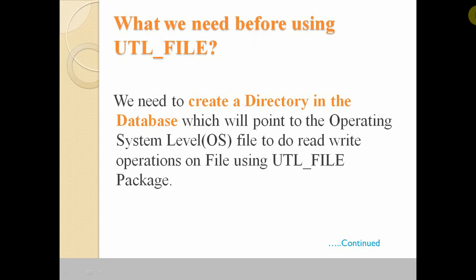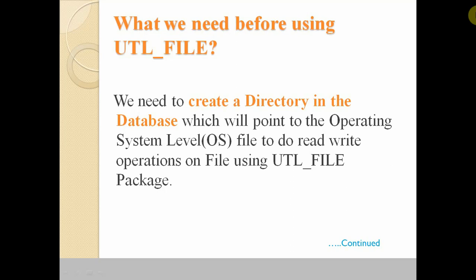Next, what do we need before using UTL_FILE? We have to do some predefined settings before file operations using UTL_FILE. We need to create a directory in the database which will point to the operating system level file.